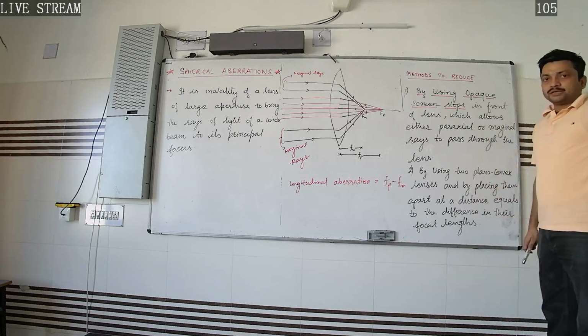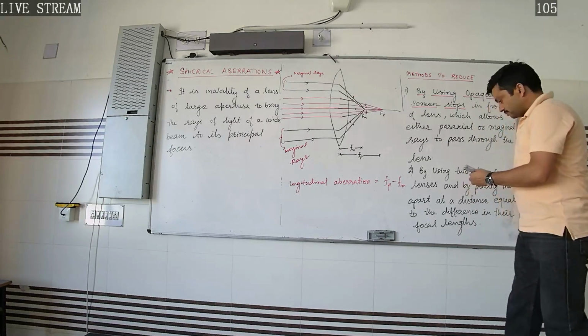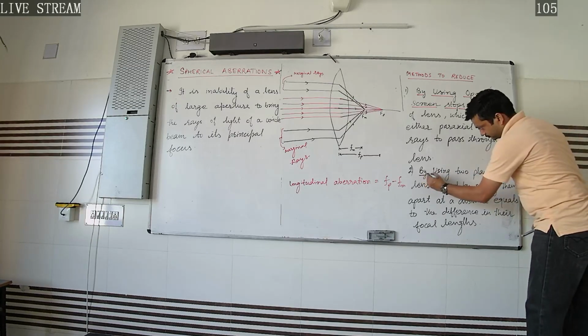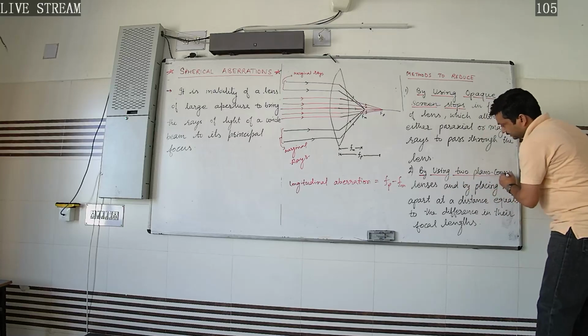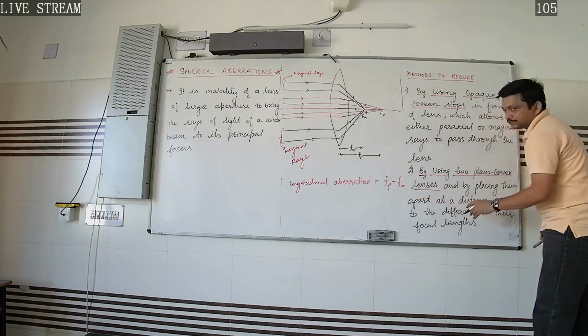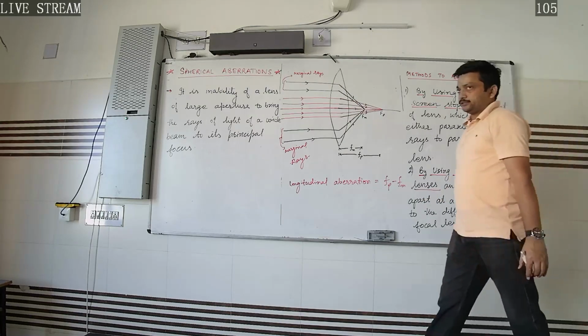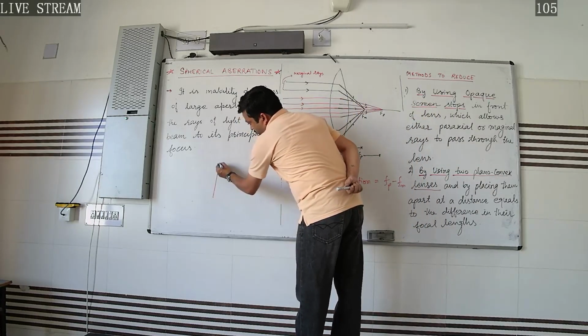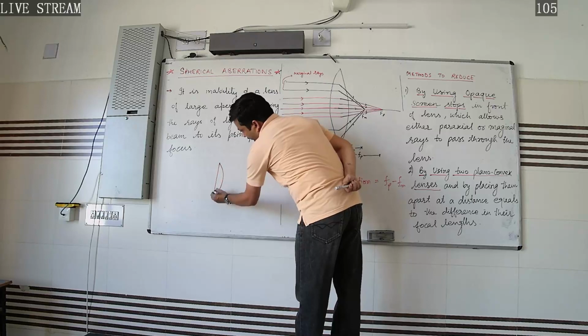Another method is the same, by using two plano-convex lenses and placing them in such a way that their curved faces lie in one direction. For example, this is the plano and this is the convex.